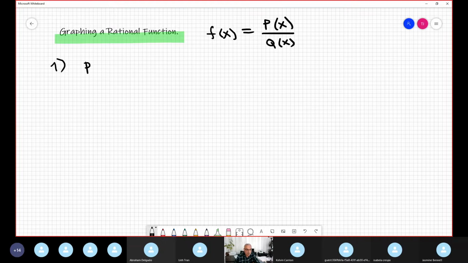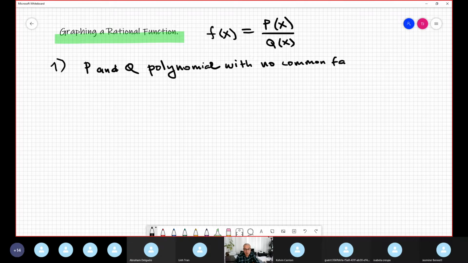P and Q, polynomials with no common factor. In other words, determine the holes.